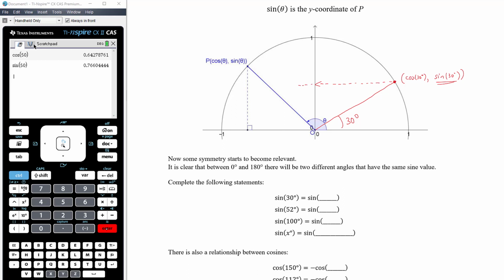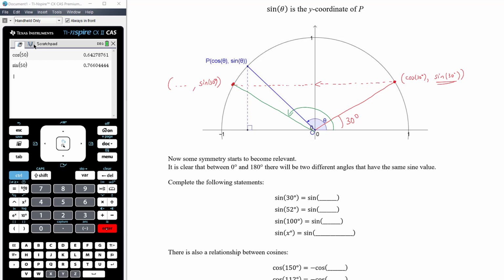That means there'll be another point on the circumference of the unit circle with that same y-coordinate. This point over here will also have a y-coordinate that is equal to sine of 30 degrees. Let's think about what that angle is. Let me change my pen color. What's that angle all the way around there?